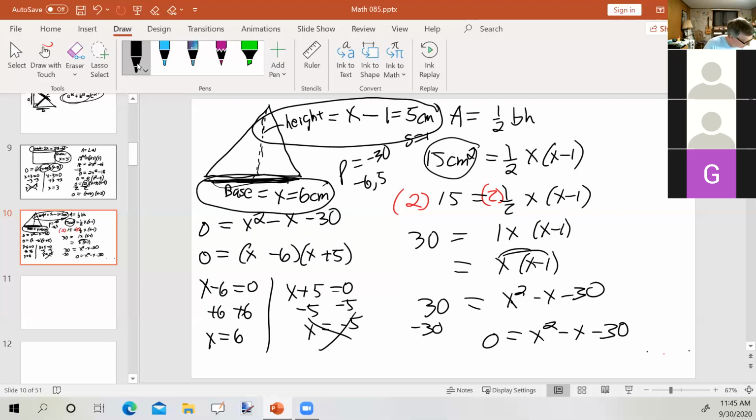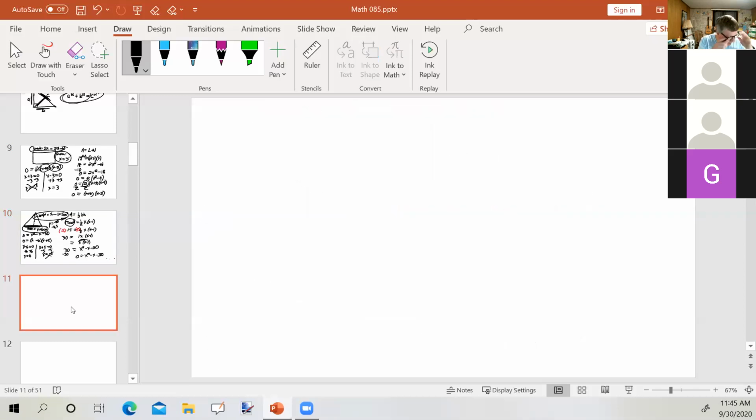All right, we'll go on then. Let's take a look at another example. This one is about a sailboat, and we have a triangular shaped sail. So let's see here if I can draw that. So here's our sail, and it has a right angle.